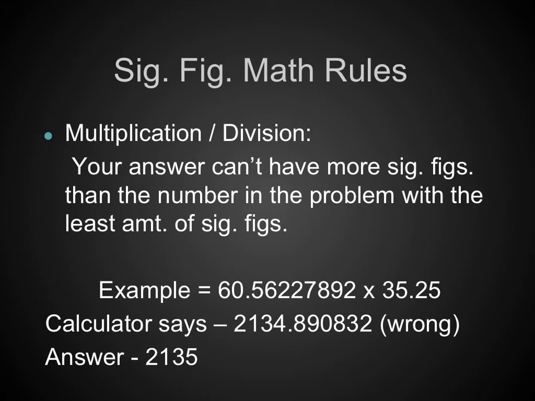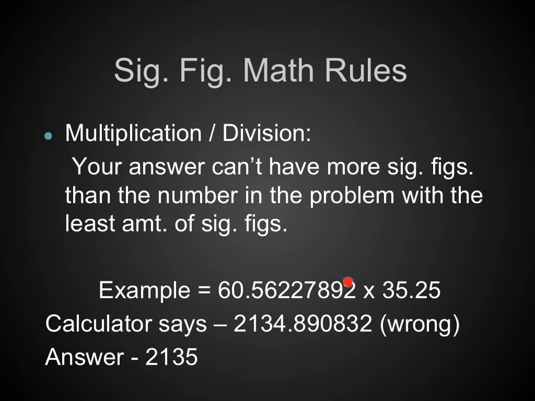Down here, let's break out a pointer. Who knows what I have? A pointer or a red laser thing. Alright, so we got this number right here. That number has 1, 2, 3, 4, 5, 6, 7, 8, 9, 10 significant digits. I counted this 0 because it's sandwiched in between. That was rule number 2.